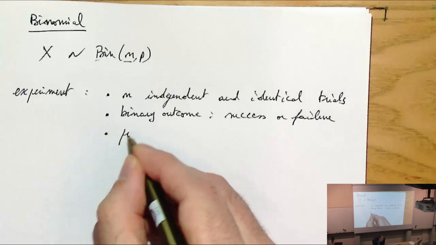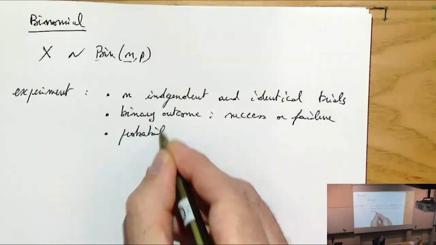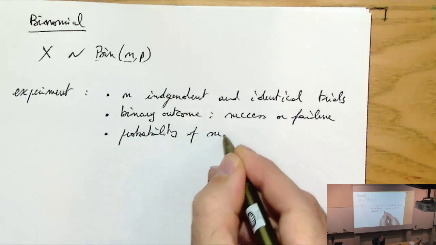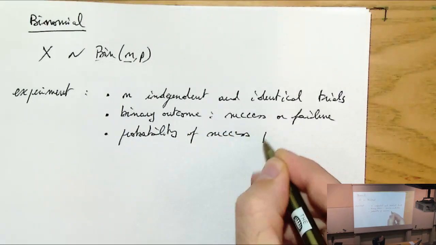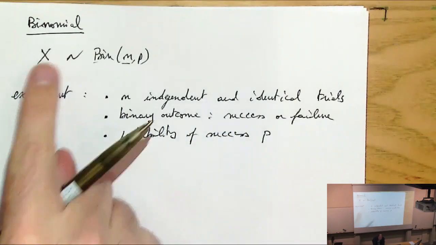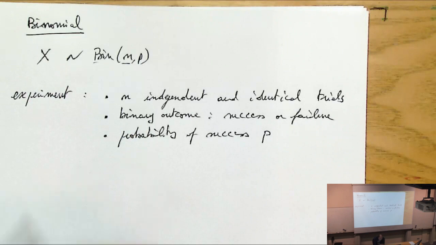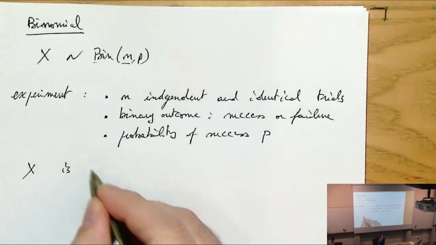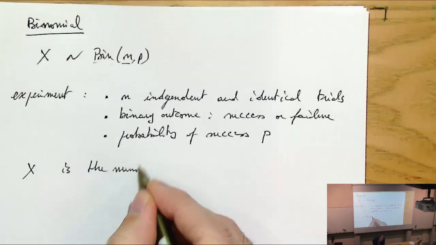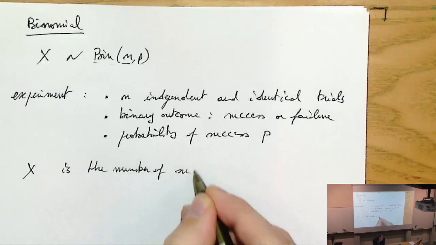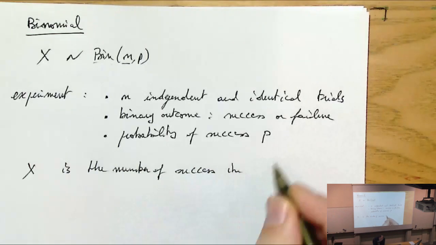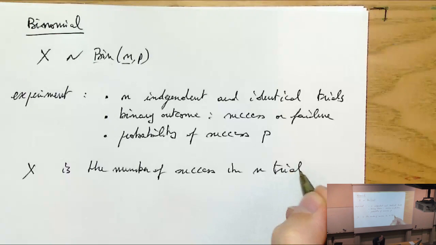The probability of success is called p. So what does X look at? X is the number of successes in n trials.